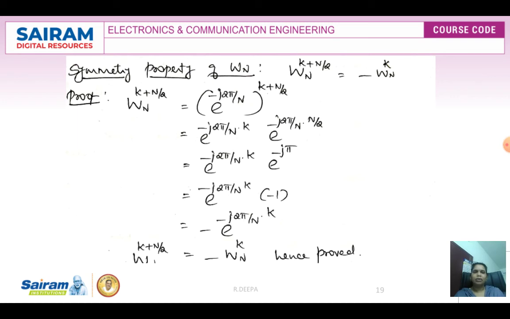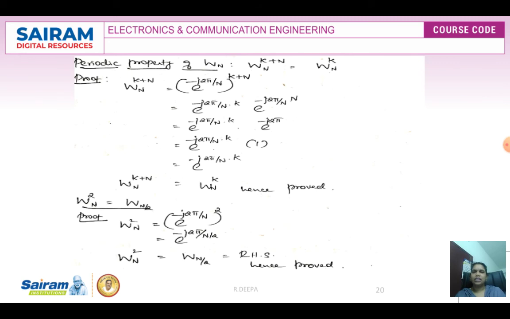The value of e power of minus j pi is minus 1. So minus into e power of minus j 2 pi k by N, it is minus W_N power of k. And we are able to prove that W_N power of k plus N by 2 is equal to minus W_N power of k. Hence we have proved the symmetry property.